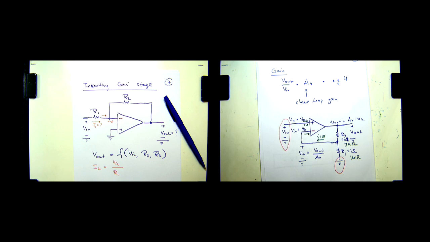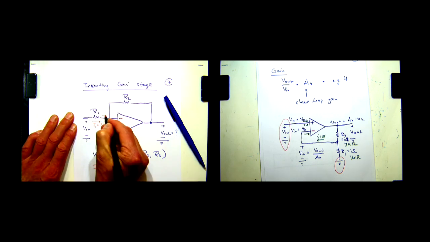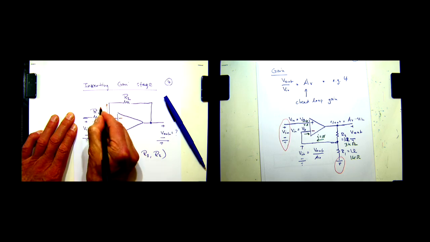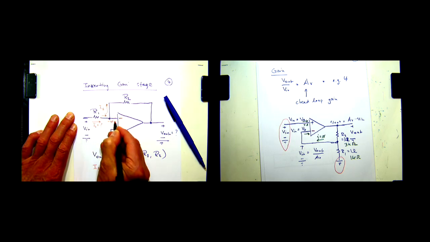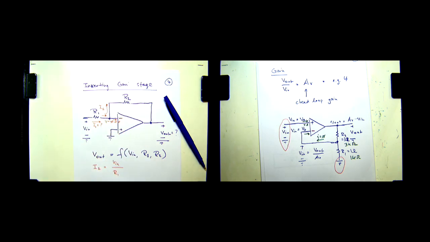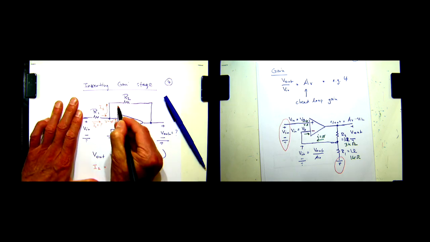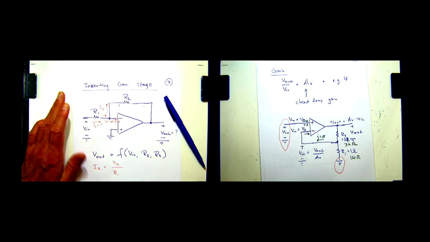What is it going to do next? It's going to flow up here. The current here is going to be I1, and the current here is going to be 0. And the voltage here is 0. Really simple.